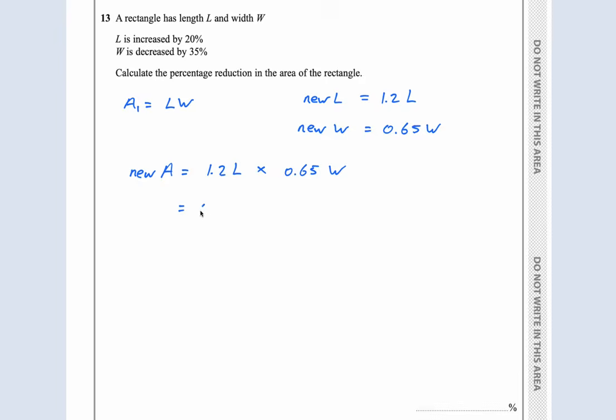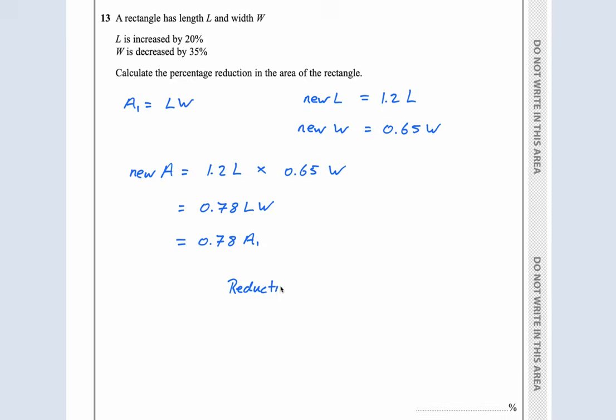Let's write this here. 0.78 LW. And that's the same as 0.78 A1, the original area. So if we increase the length by 20% and reduce W by 35%, that's the same as finding 78% of the original area, which is a reduction, because it says calculate the percentage reduction.